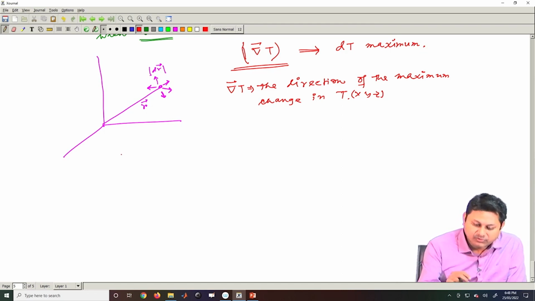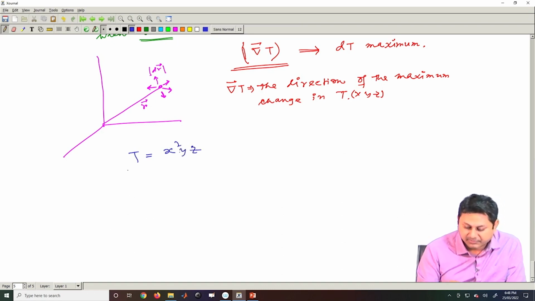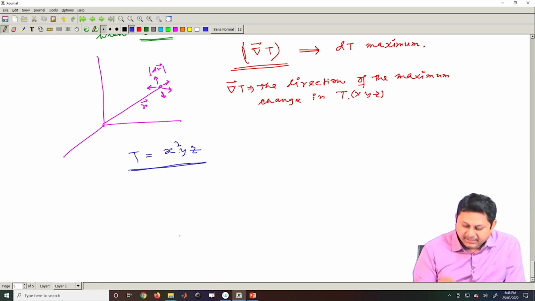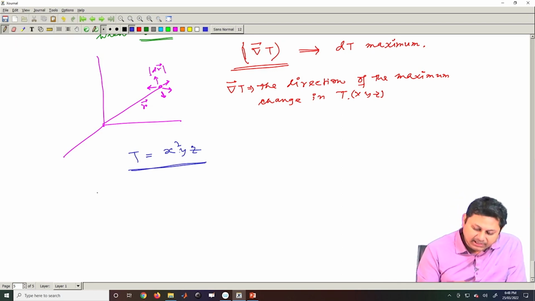Example means how to evaluate these things, and suppose T is given as a scalar field, x square y z. This is the scalar field that is given. If this scalar field is given, I can find out this quantity.